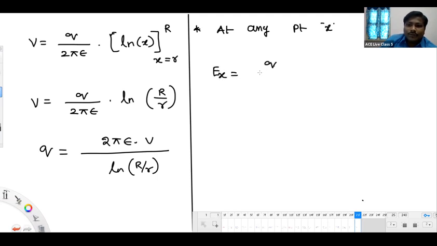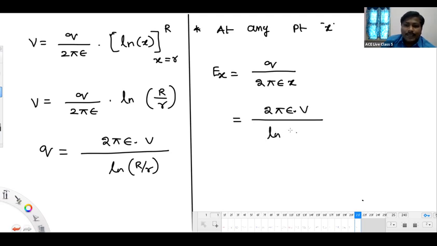Ex equals, we know already, q by 2 pi epsilon into x here, and that q we replace with 2 pi epsilon into voltage by natural logarithm of capital R by small r, into 1 by 2 pi epsilon into x.